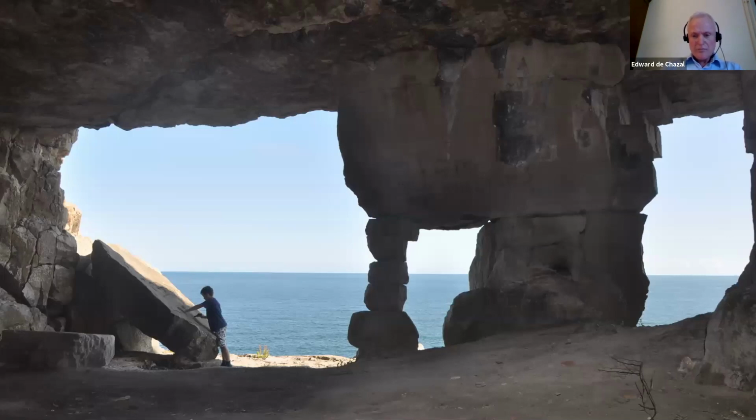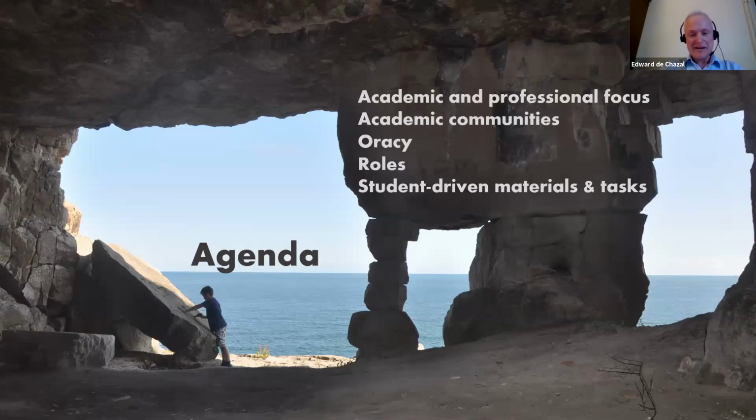So where do we start? Well, maybe I have a bit of an agenda today. I've put up here a focus on academic and professional skills. So I want to argue for both academic and professional. I'm arguing for a development of academic communities.